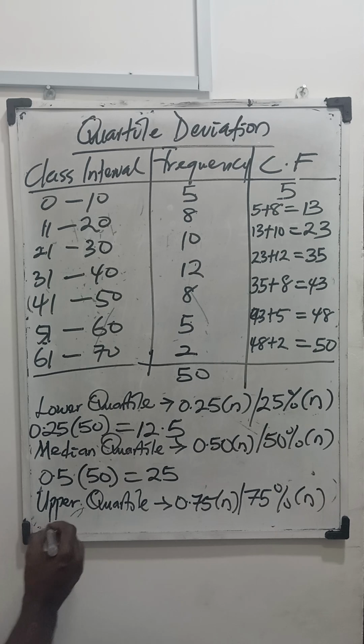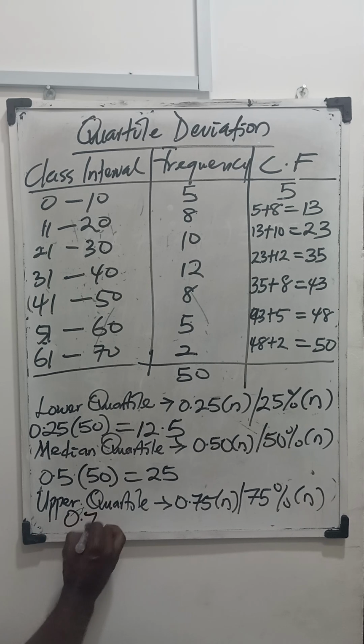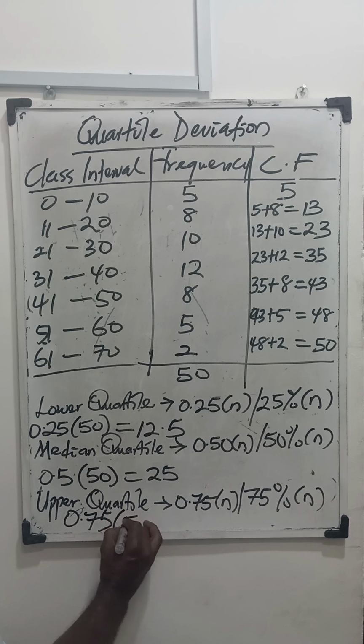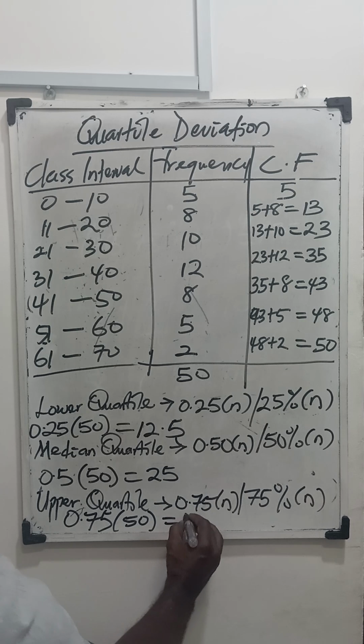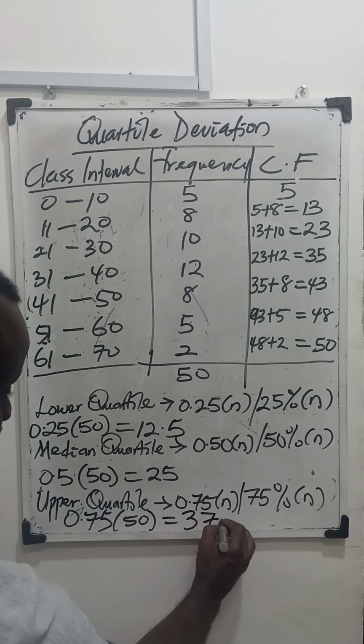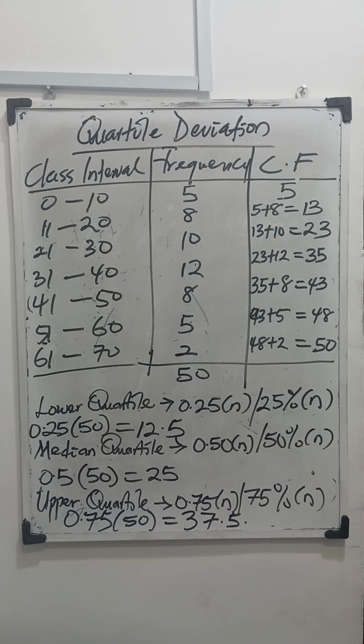So what you have is 0.75 times 50. If you multiply 0.75 times 50, what you are going to get is 37.5.